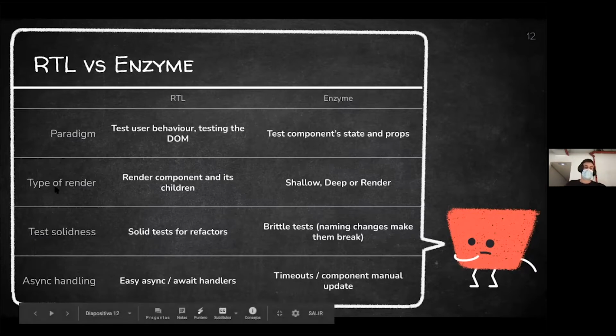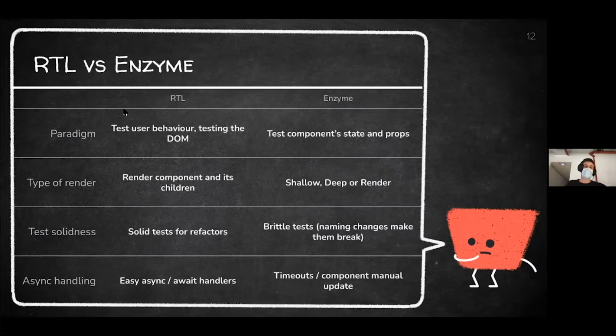The third point is test solidness. React testing library provides that because of its focus on user behavior. When you change the name of a component, or you change anything that is related to the implementation, the test should not be affected in React testing library.